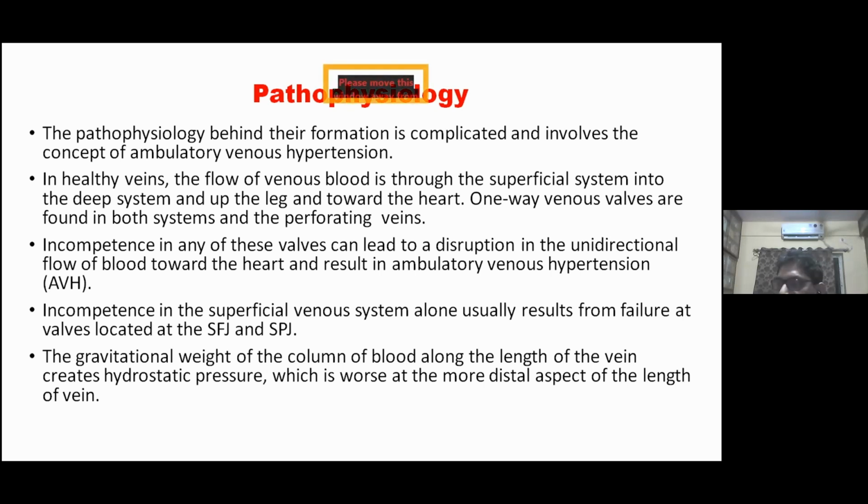Incompetence in the superficial venous system alone usually results from failure at valves located at the saphenofemoral and saphenopopliteal junction. The gravitational weight of the column of blood along the length of the vein creates hydrostatic pressure, which is worse at the more distal aspect of the length of vein.